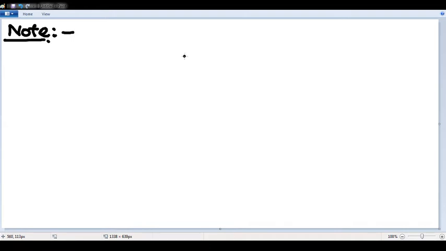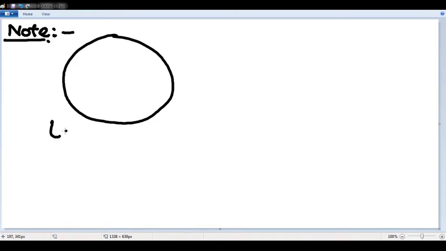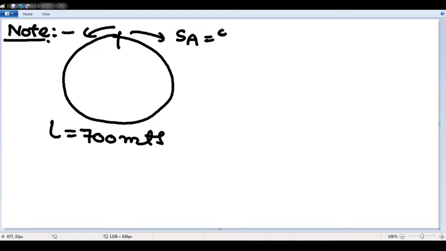Instead of telling the formula directly, I will first take an example so that you never forget it in your lifetime. Length of the circular track is 700 meters. Two people are traveling in the opposite direction. SA is 20 meters per second, SB is 50 meters per second.